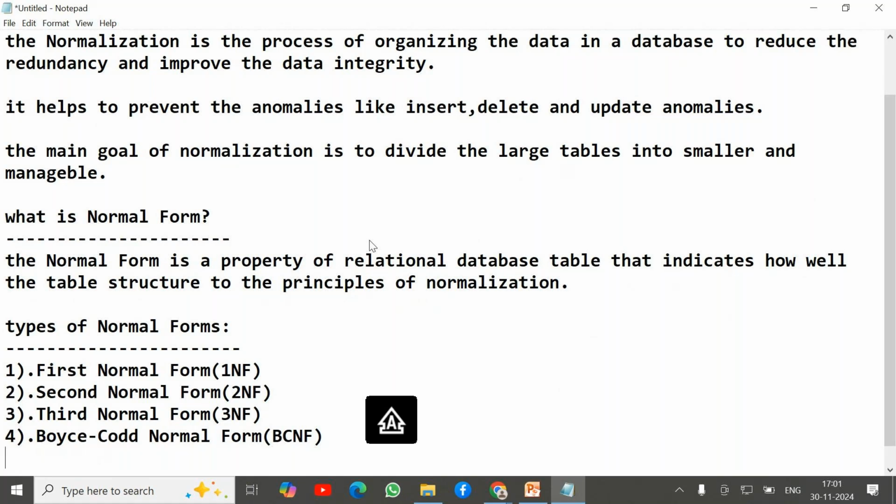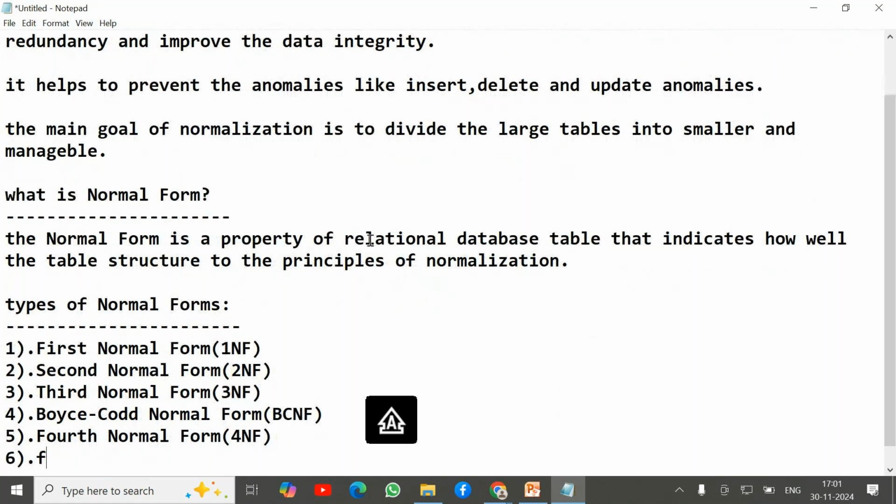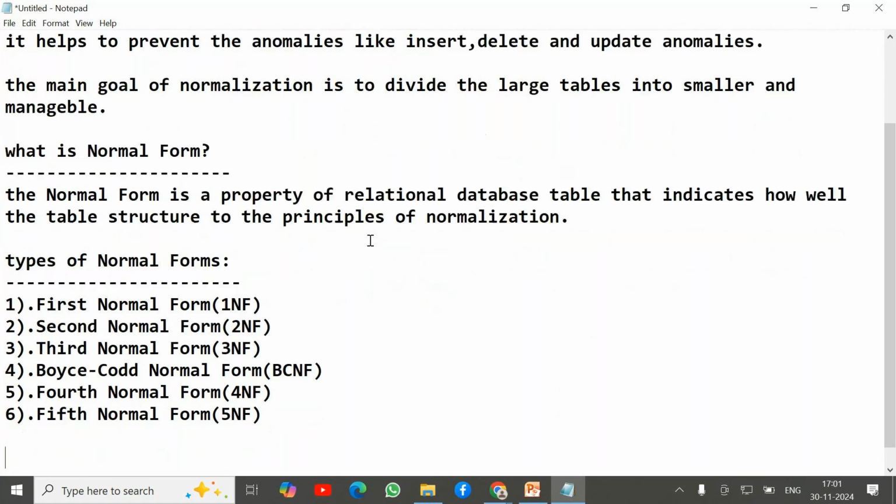And fifth normal form, 5NF. These are the types of normal forms.